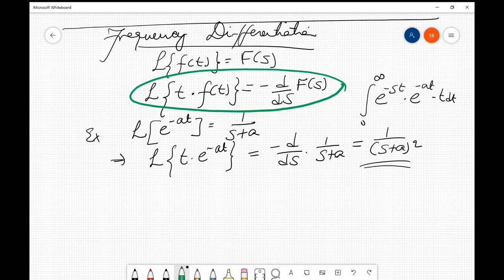And frequency differentiation: if a function is multiplied by t in the time domain, it is the same as differentiating its frequency domain, minus d per ds.